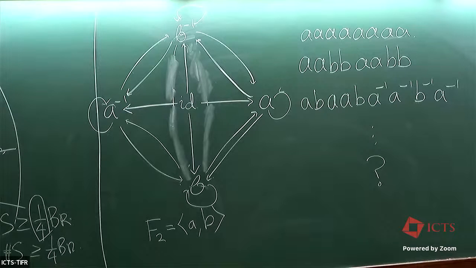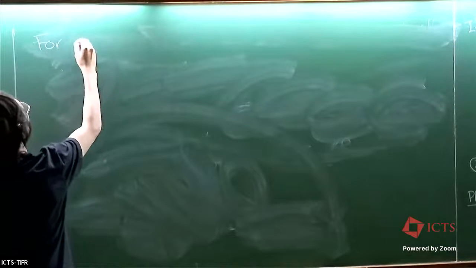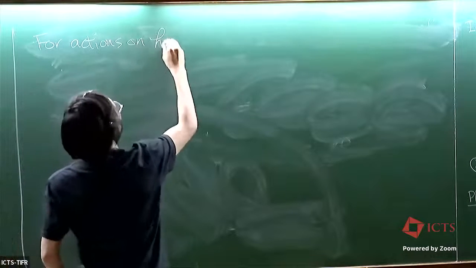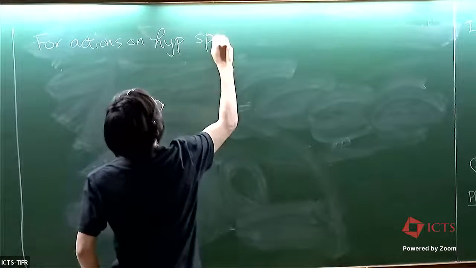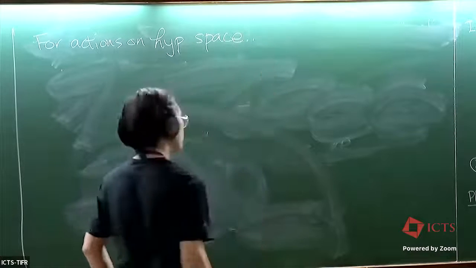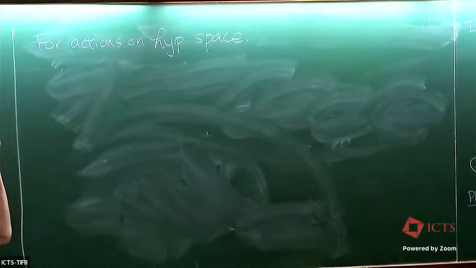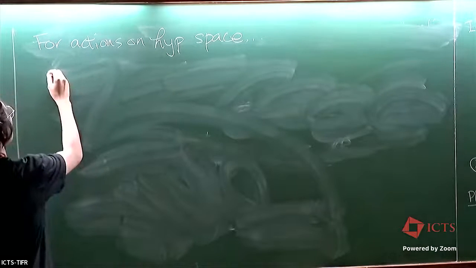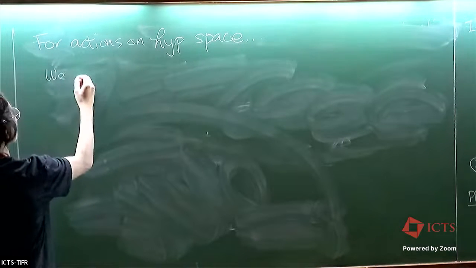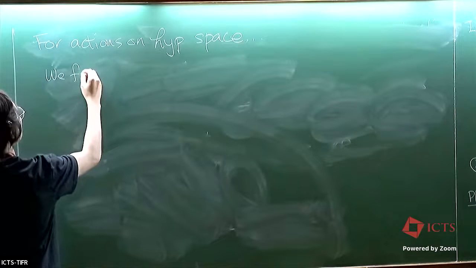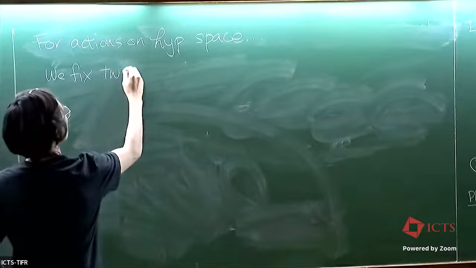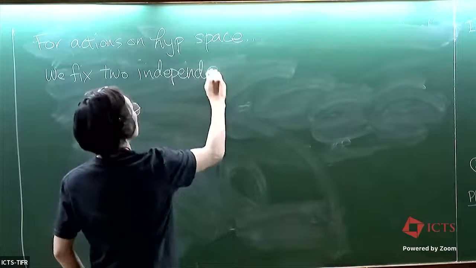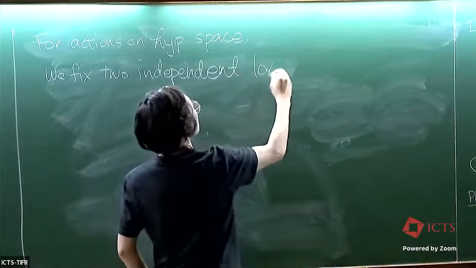So what are we going to do for actions on hyperbolic space? Recall that we can do this kind of job. We first fix two independent loxodromics.